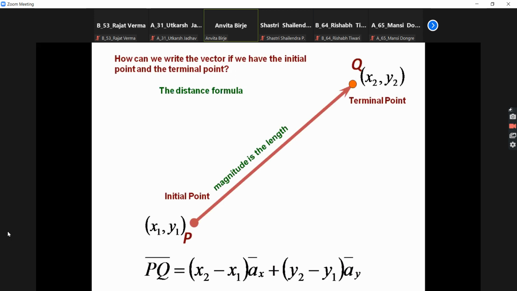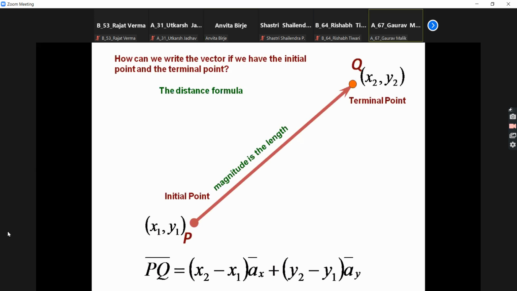So this PQ bar, for example, can be written as 7 a bar x plus 5 a bar y plus 2 a bar z. Okay, so these 7, 5, 2 are the coefficients along x, y and z direction. So this is how you are going to write down the vectors in the rectangular coordinate system.